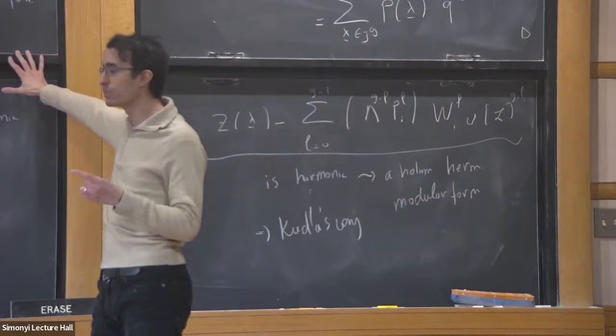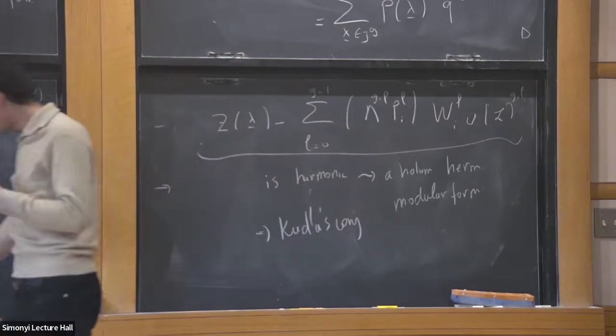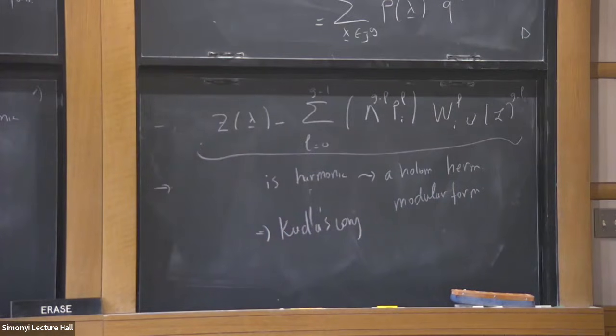He has a lot of papers about this, and in fact, the one piece of the story that I still need to understand a little bit better is this. There is the space of polynomials f and g.